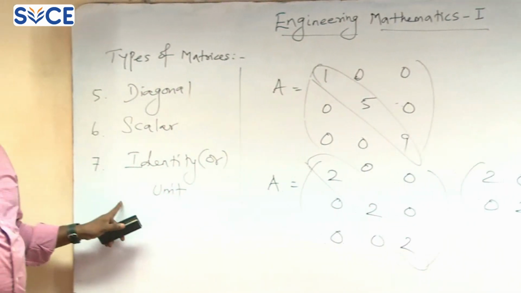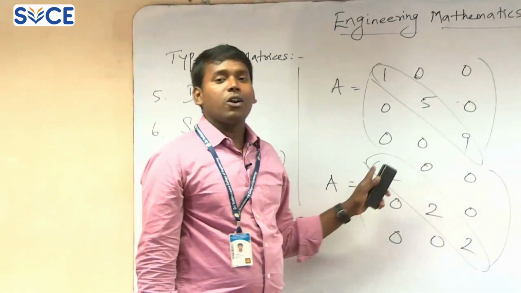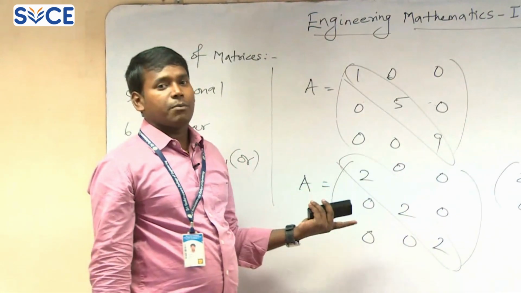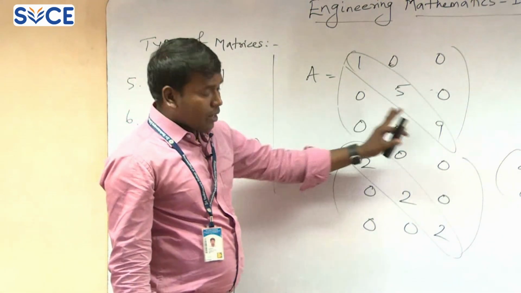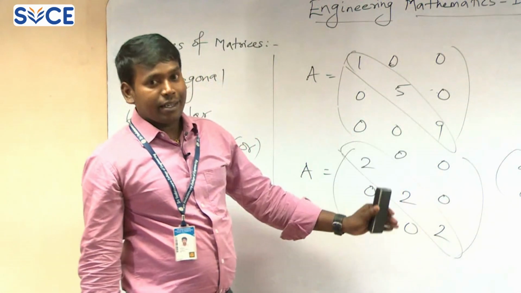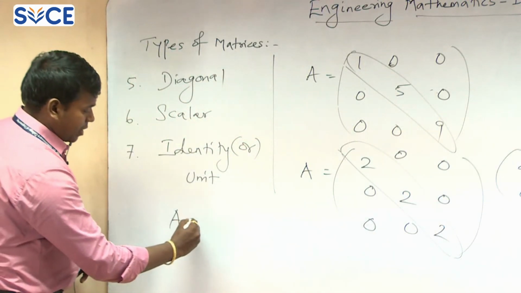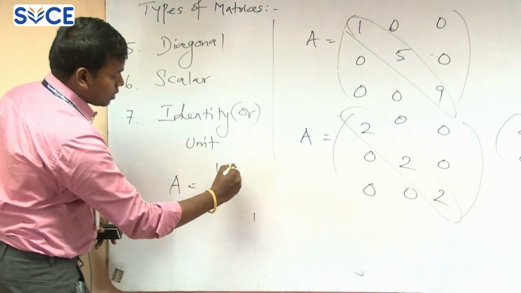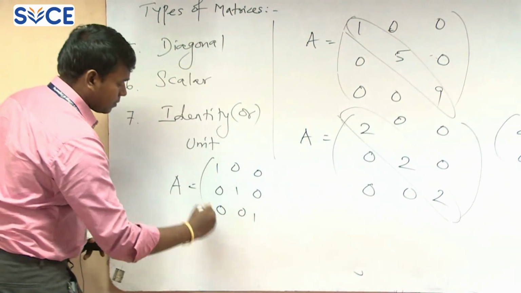Then seventh one, identity. The same: if your main diagonal elements are all 1, that is an example for identity. The same definition: all elements are 0 except your main diagonal elements. So an example for an identity matrix is A equal to 1, 1, 1 on the diagonal and 0 elsewhere.